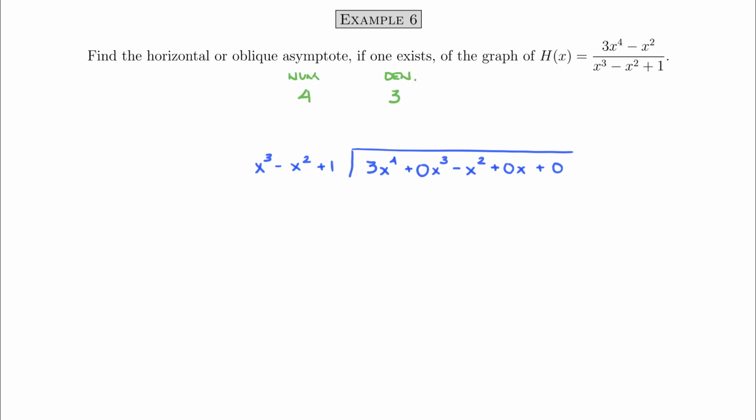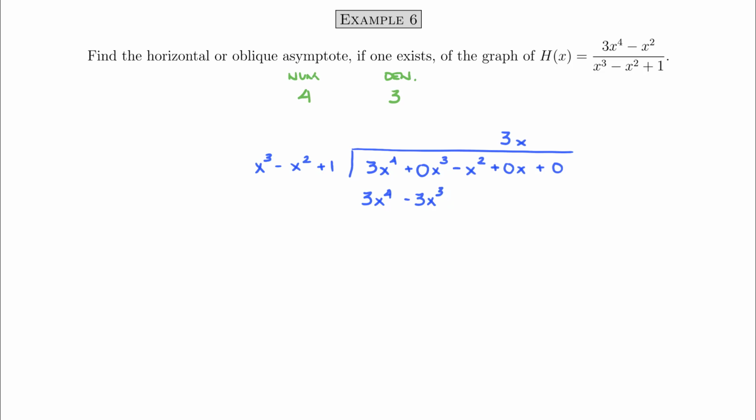So x cubed into 3x to the 4th is going to be 3x, because 3x times x cubed will generate 3x to the 4th. And then we just multiply every term in the divisor by 3x. So we get 3x to the 4th, minus 3x squared, plus 3x cubed, sorry.